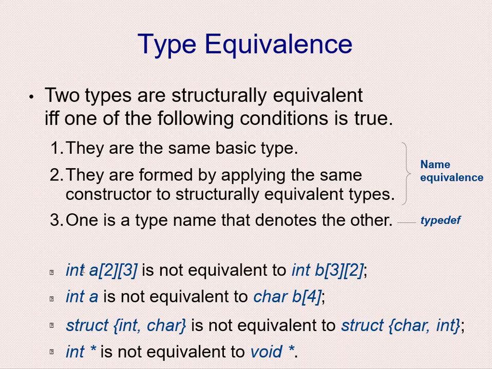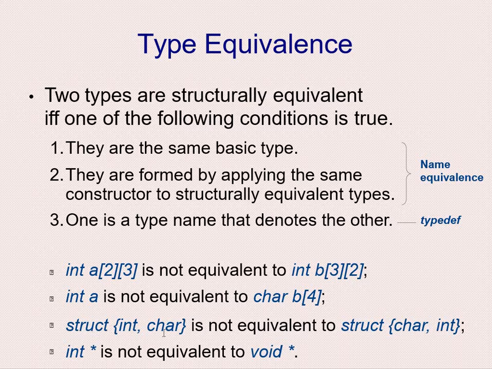You can see here that the integer array 2 by 3 is not equivalent to the integer array b of 3 by 2, because this one has 2 rows and 3 columns and the other has 3 rows and 2 columns, so both are not structurally equivalent. Integer a is not equivalent to the character array b, so both are different.